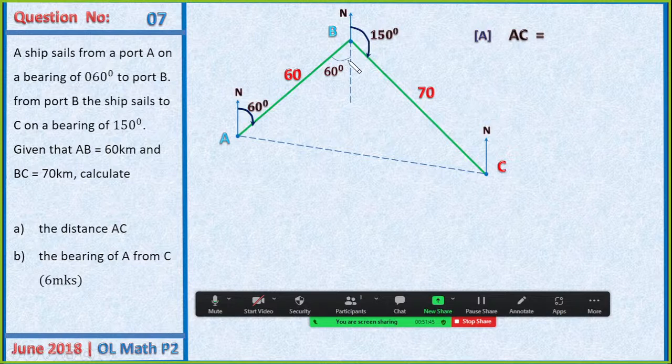Now the total angle on this right side of the line is 180 degrees. This first part is already 150, so what is left to make 180 is 30. Now we see that this is a right angle triangle. Since this is a right angle triangle, you can calculate our AC. Our AC now becomes the hypotenuse.